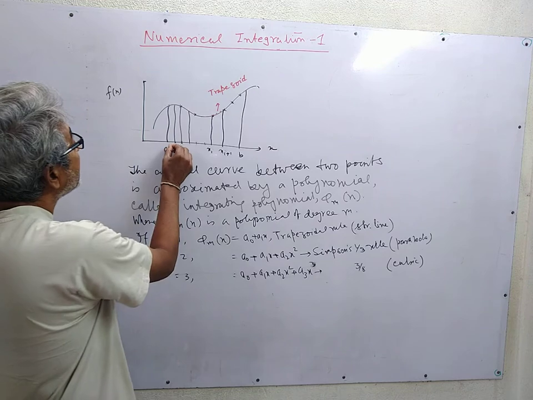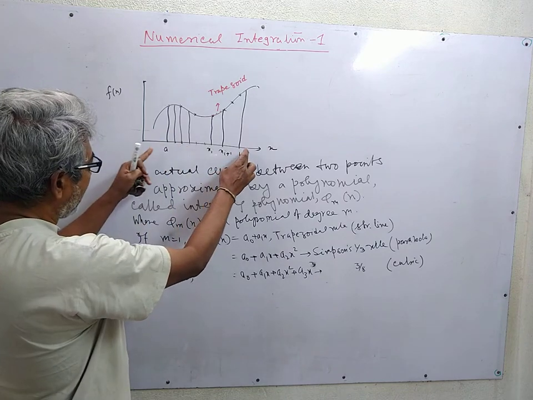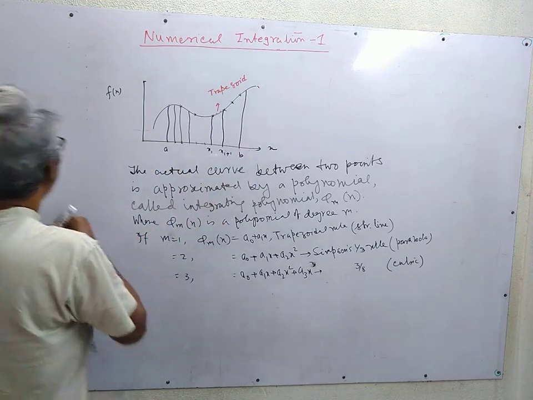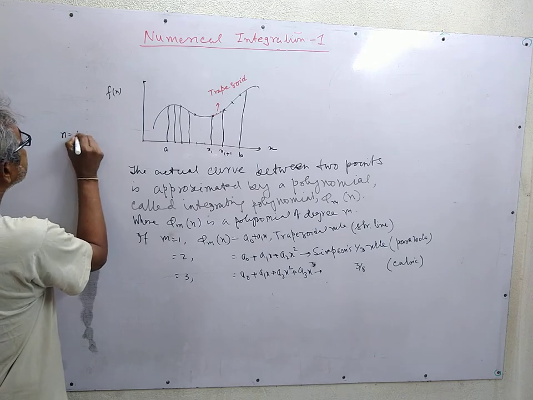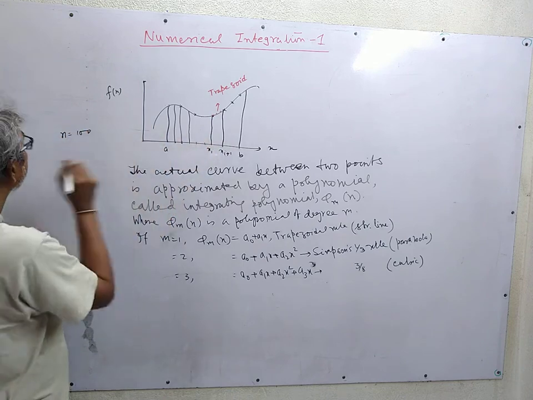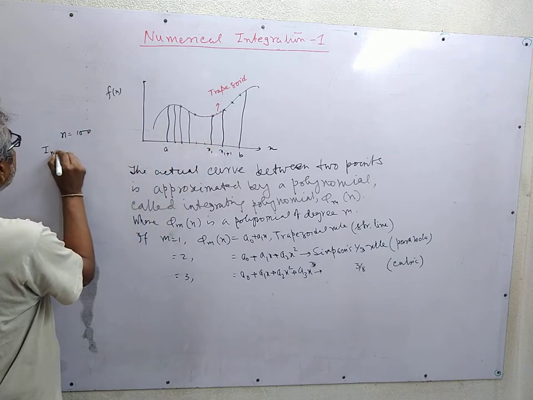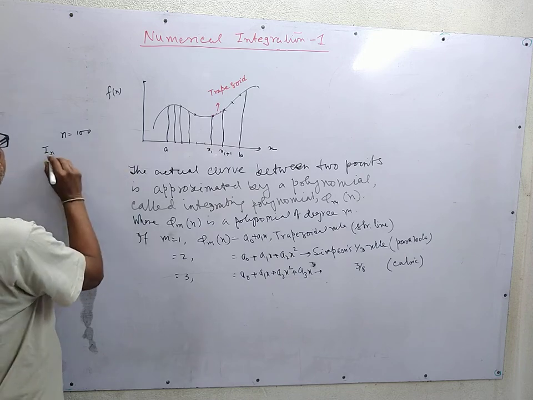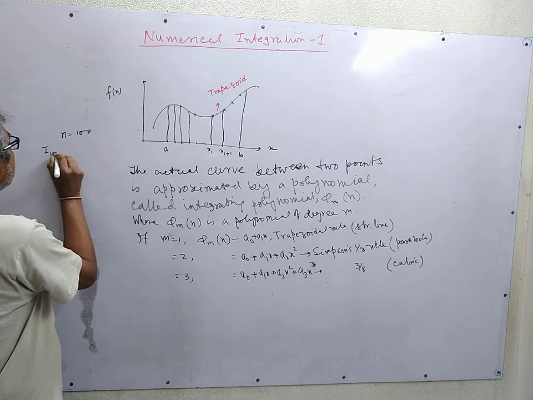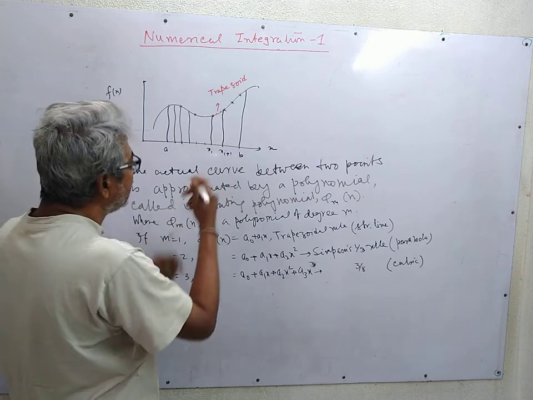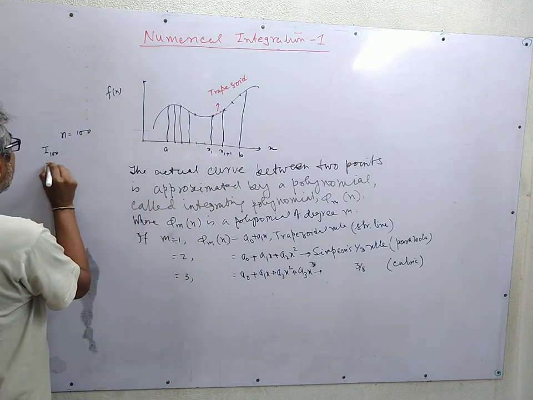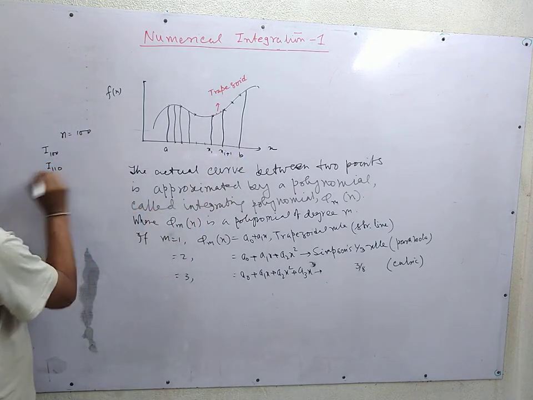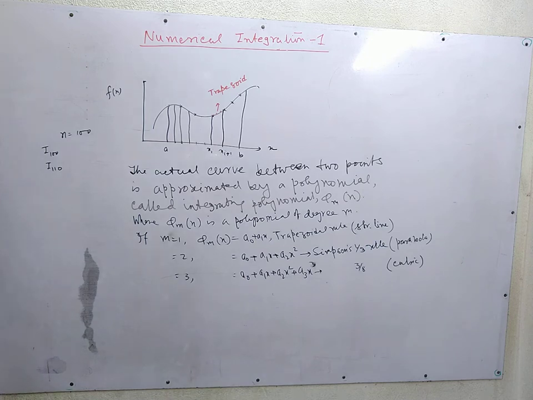Now say we divide this interval into 100 equal points and get the result I100, then we increase the n value to 110 and we get the corresponding result I110.